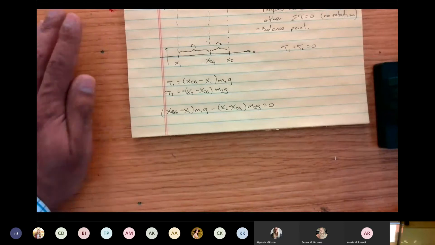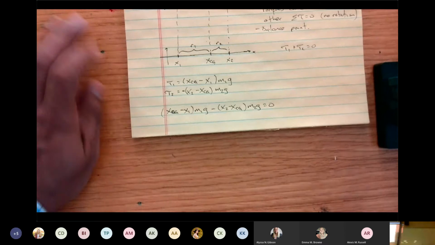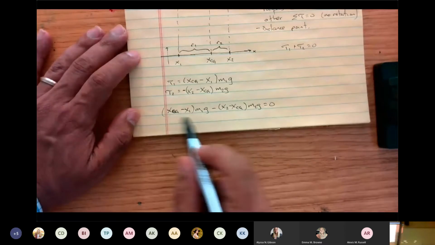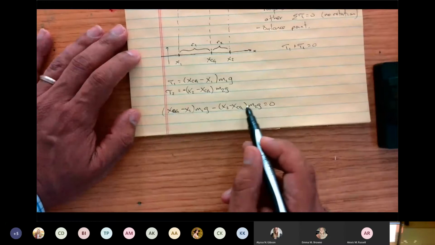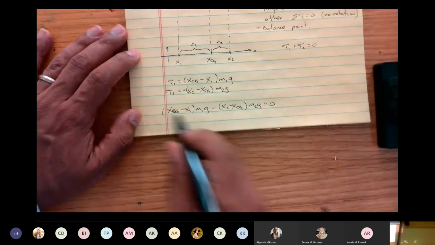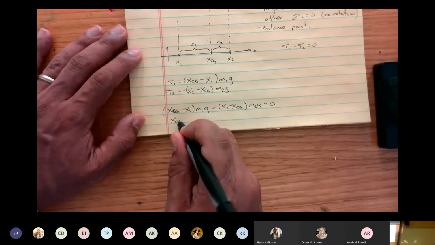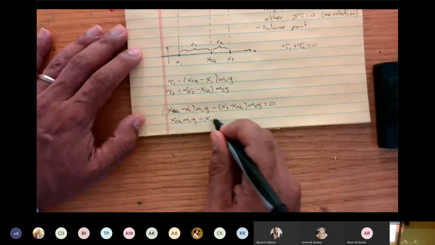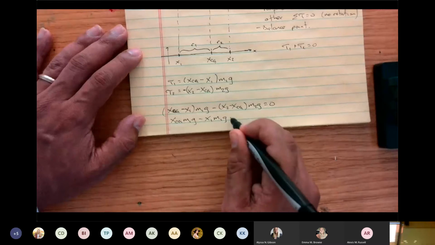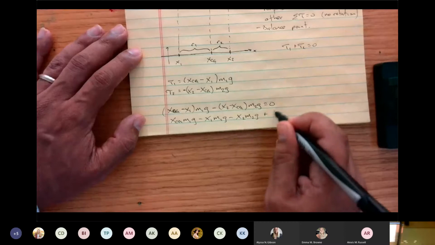The same for the people on the chat. If I'm going too fast, just interrupt me and I can repeat. So what I'm going to do now is expand these factors over here. So here I'm going to have x cg m1g minus x1 m1g minus x2 m2g plus x cg m2g.